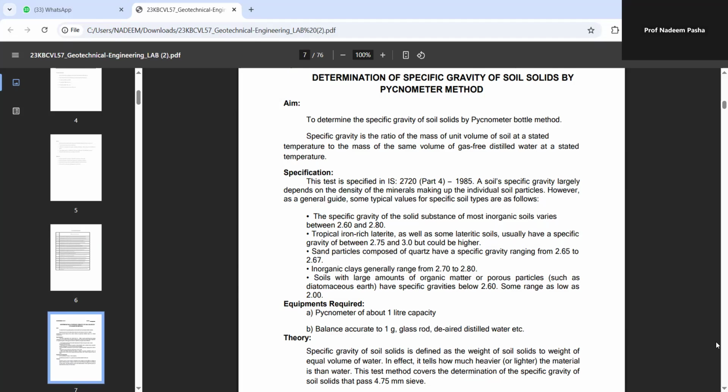So how are you defining specific gravity? A ratio of mass of unit volume of soil. We are assuming the mass of unit volume of soil as 1 kg.